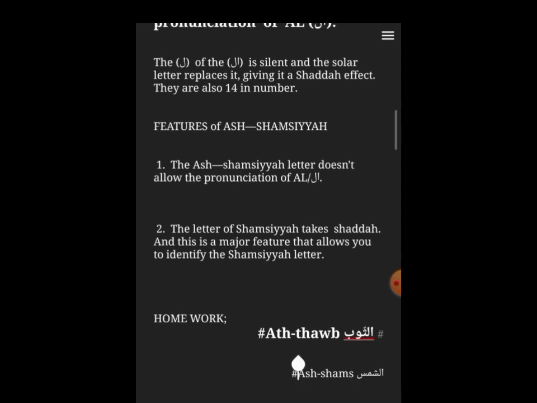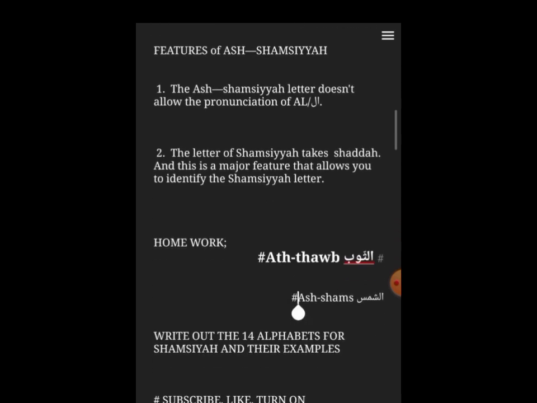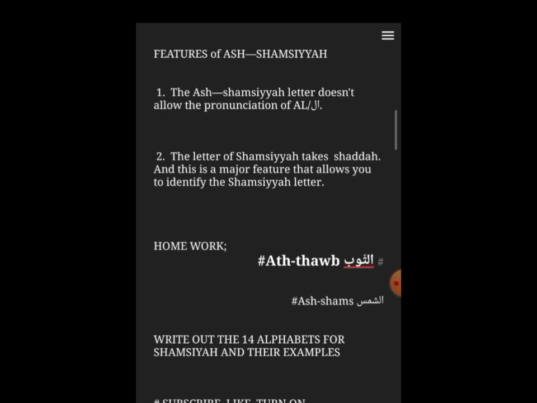This brings us to your classwork or homework. Please write out the rest of the 14 Shamsiya letters, and look for examples, words that have a Shamsiya letter.